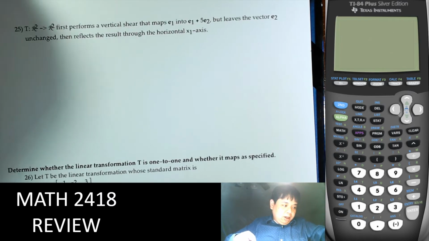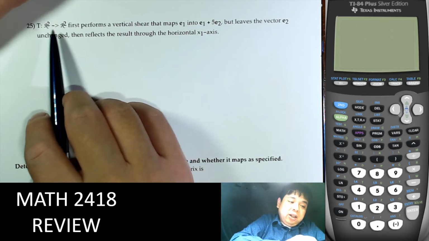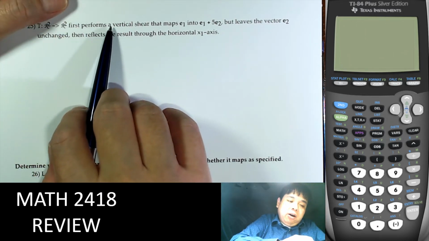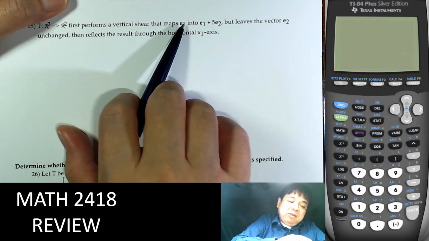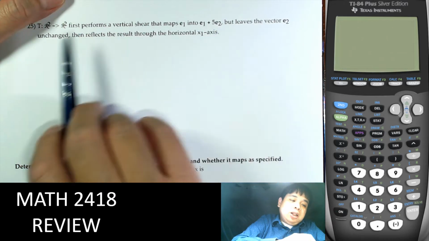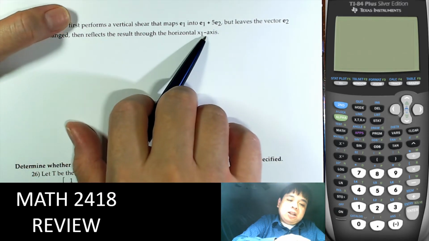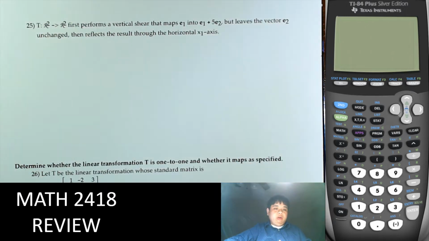Same thing. Now find the transformation that first is a vertical shear that maps E1 into E1 plus 5E2 but leaves the vector E2 unchanged, and then the reflection of the result through the horizontal axis x1. So we're going to draw that out.